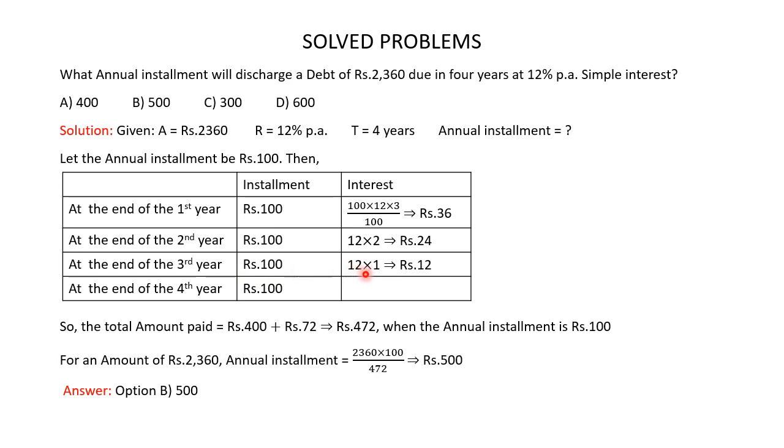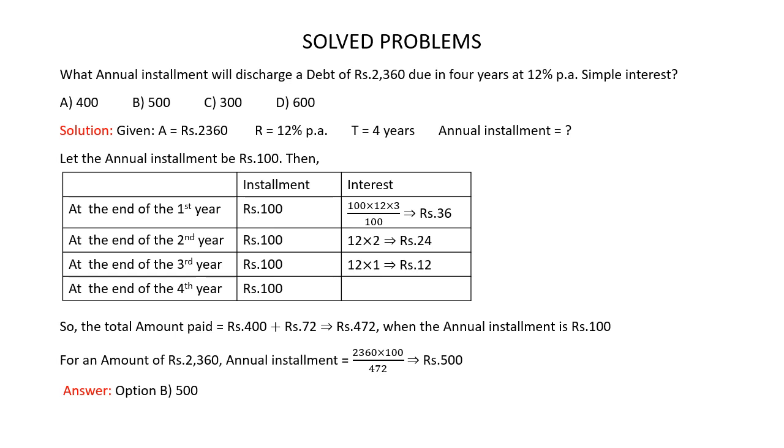Interest is 12 multiplied by 1 because payment has to be made for 1 more year. So 12 multiplied by 1 is 12. At the end of the fourth year, installment paid is rupees 100. There is no interest to be paid because the debt is paid off at the end of the fourth year. So only the annual installment is to be paid at the end of the fourth year.